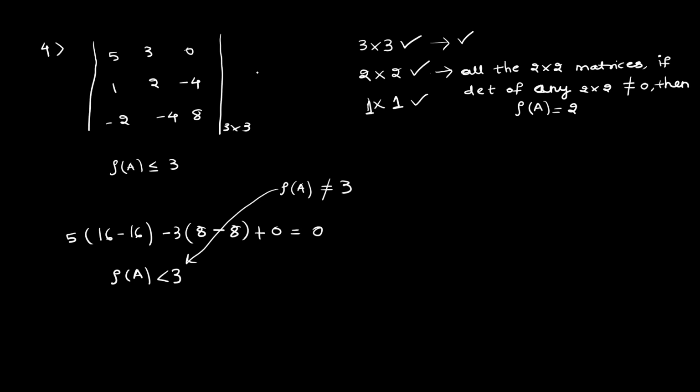So for that, let me take any one matrix. Let me take this particular 2 into 2 matrix. Obviously I can see that this is not equal to 0. So the determinant of 5, 3, 1, 2 is equal to 10 minus 3, that is equal to 7. So this is not equal to 0.